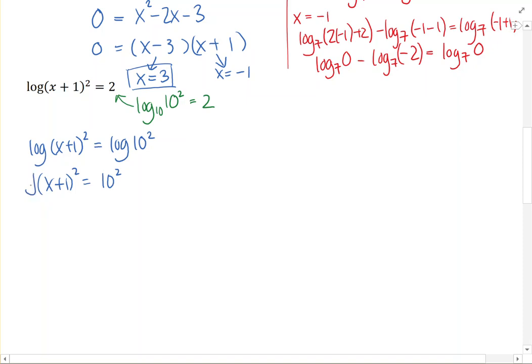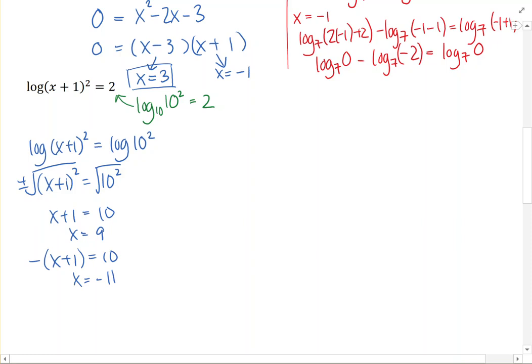I'm going to square root both sides. So we have plus minus. So we're looking at x plus 1 equals 10, so we have x equals 9, and for the negative, x plus 1 equals -10. So we know x can also be negative 11.